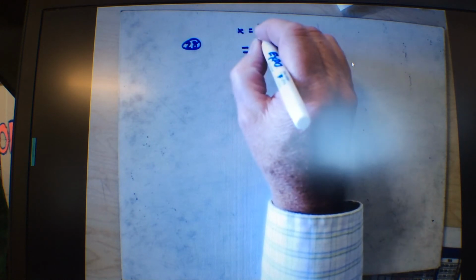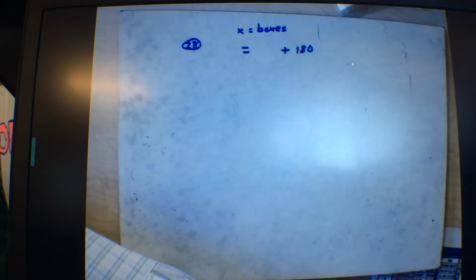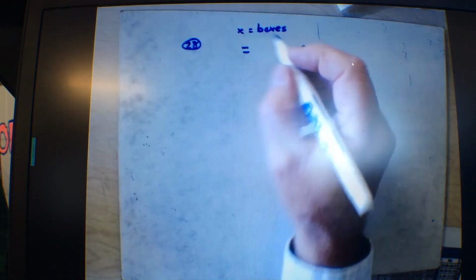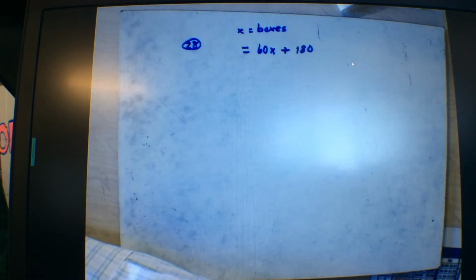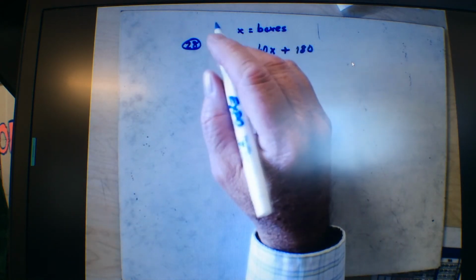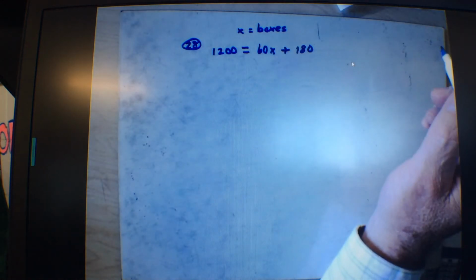So x equals the number of boxes he's bringing. How much does each box weigh? 60 pounds. So how do we represent the weight of the boxes? 60x. 60x. And that, my fast furry friends, is your slope. All right? Now, what's that got to equal or be less than? 1,200. 1,200 pounds. So that's A, right?